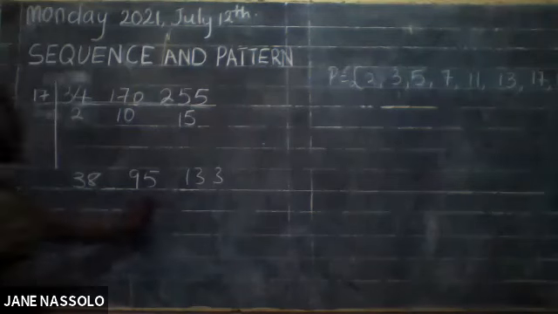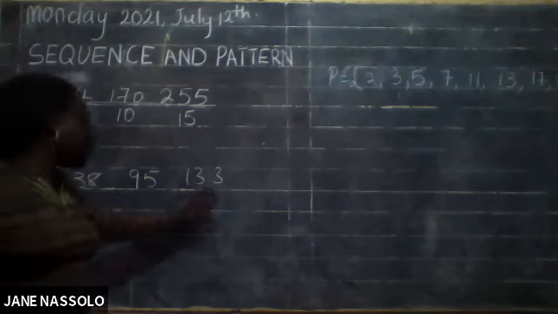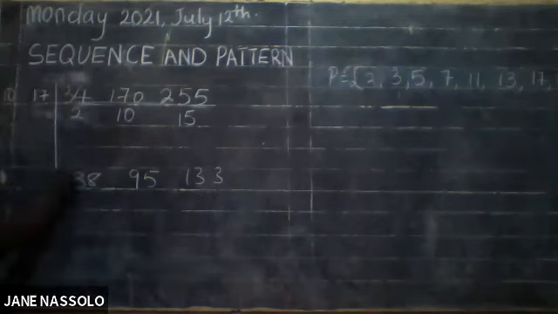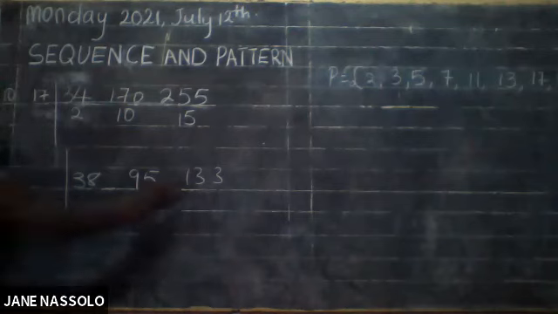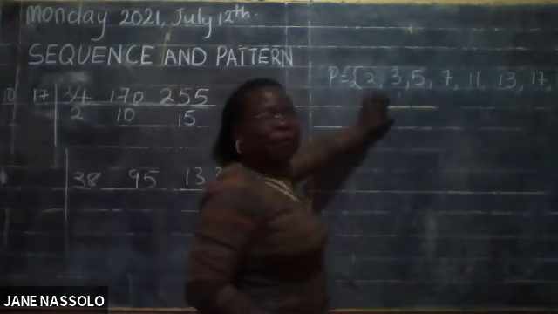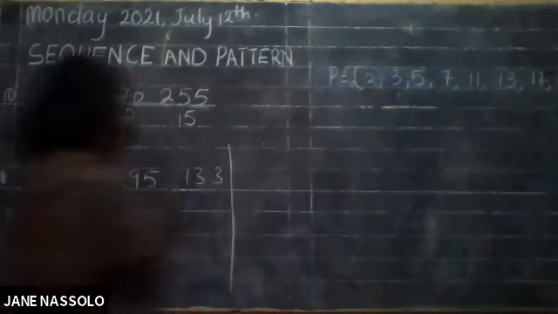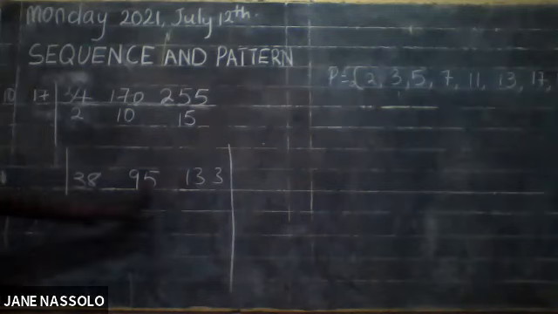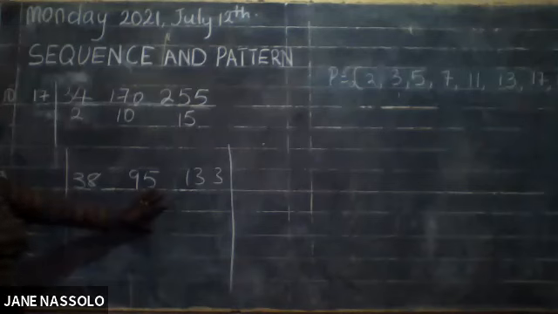So now we have the numbers 38, 95, and 133. We want to find the highest common factor. So we have our list of the prime numbers. 2 cannot be a factor of 95, because the last digit is not an even number.